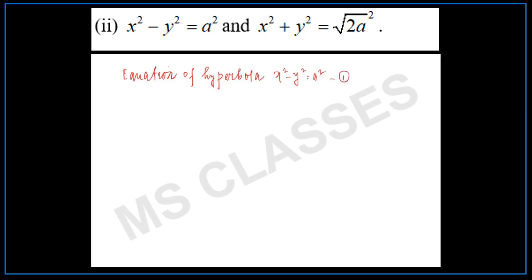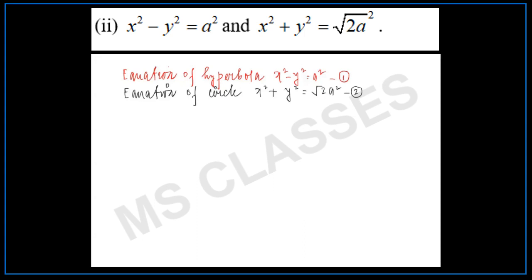Equation of circle: x square plus y square equal to root 2 a square. This is marked as equation 2.